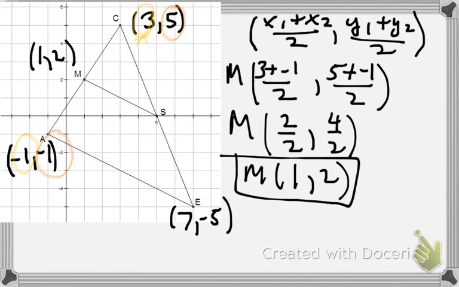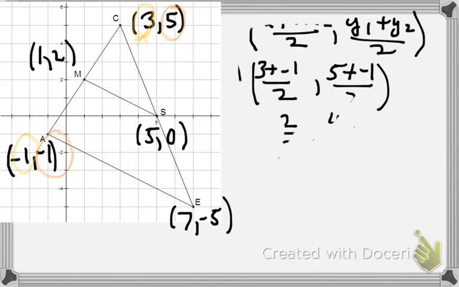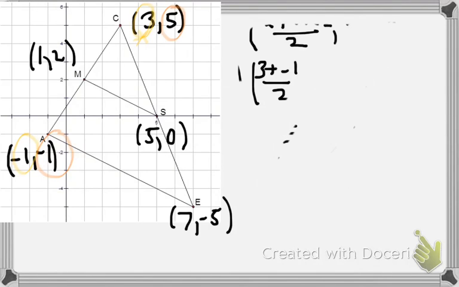And if you do it with S, you're going to get 5, 0. Okay, so let me get rid of some of this. Okay, so we got our midpoints, and that's going to help us later using knowing that they're midpoints.